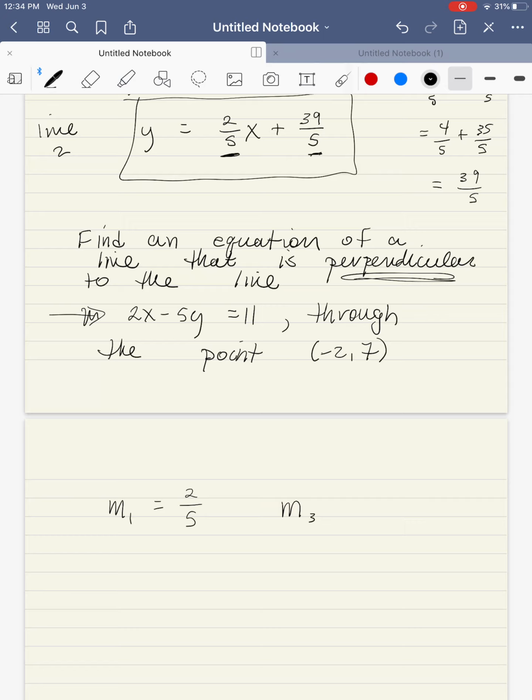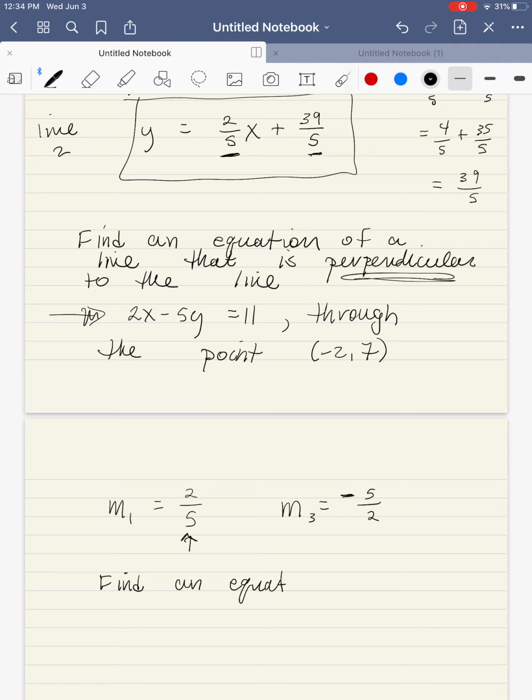And because our third line here is perpendicular to that first line, I know that its slope is a negative reciprocal to this. So that means I flip the fraction over, and I also change the sign. Because this one was positive, this one will be negative.